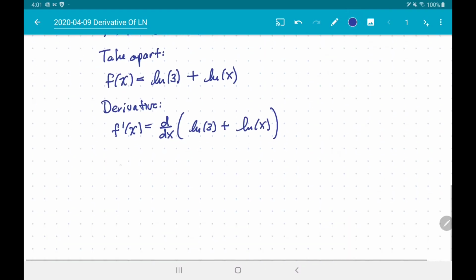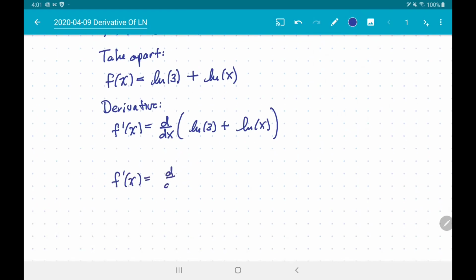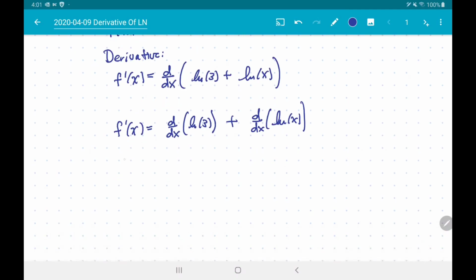But just to be extra clear about this, the derivative of that thing, ln of 3 plus ln of x, is the derivative of the ln of 3 plus derivative of ln of x. Now think about this for a minute. What is the derivative of ln of 3?